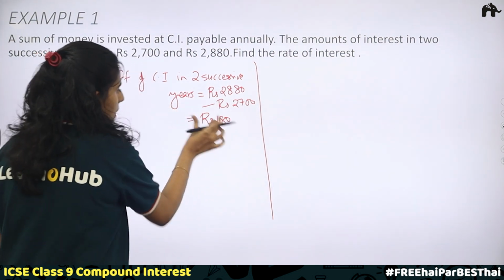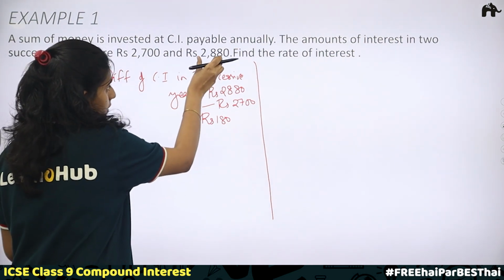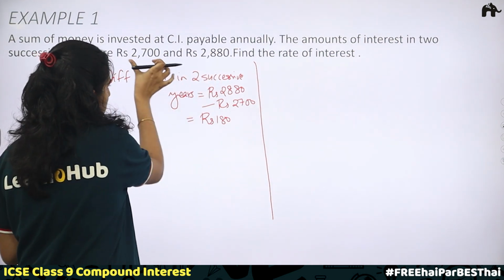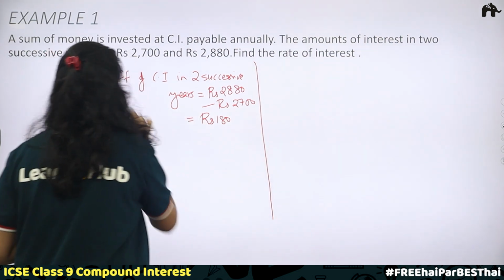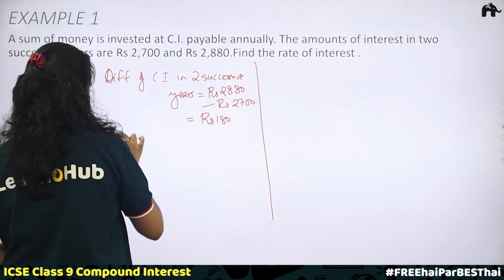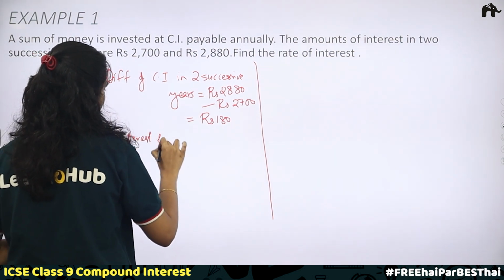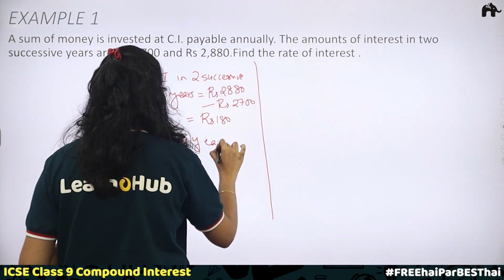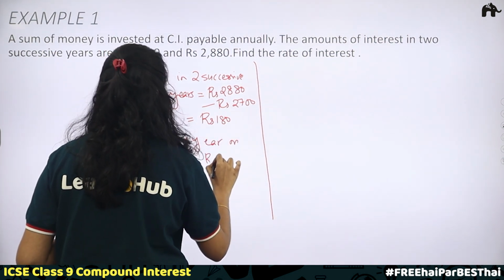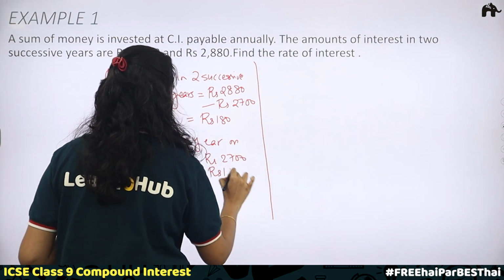This amount will be the interest for the first year, that is the 1 year that we are considering. For that year, the interest will be 180. So the interest for 1 year on rupees 2,700 will be equal to rupees 180.